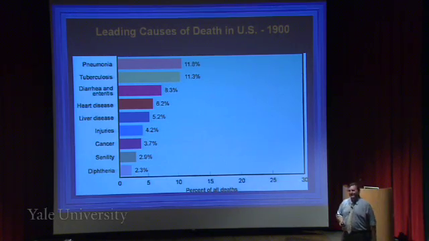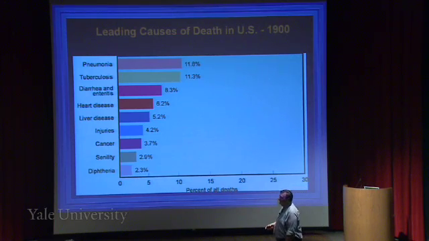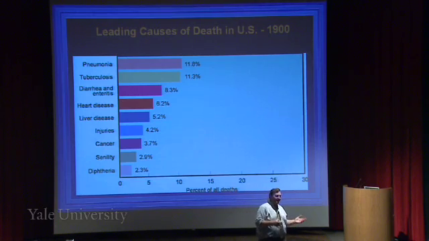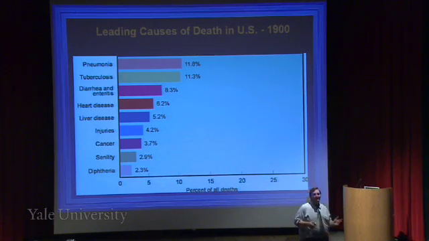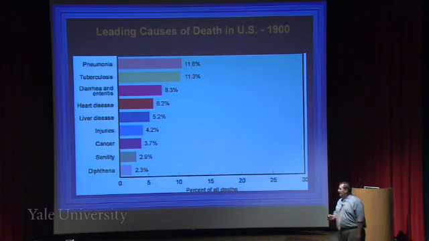Why would that have been the case back then? Why would there have been so many fewer cases of cancer? Anybody guess? Yes? People weren't living as long. Okay, that's exactly right. People lived shorter lives, and so they didn't get far enough into the age span to suffer from the chronic diseases that people are suffering more today.